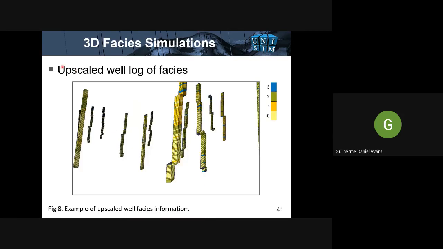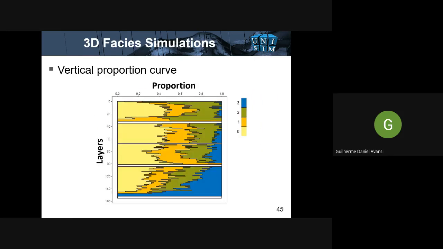Okay, with the upscaled well logs here, we can now simulate. And using this geologic simulation, we need to include the information that we have. We are not just simulating, we are including additional information, that is the vertical proportion curve. This is a typical vertical proportion curve.